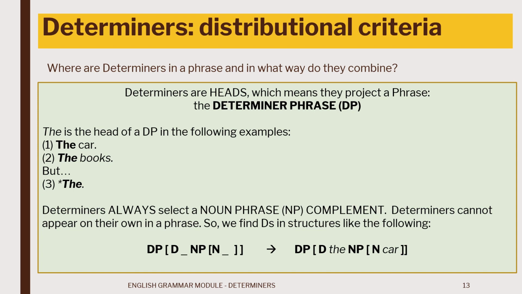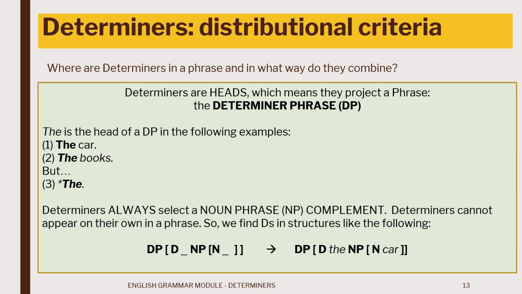They need a noun phrase complement. And so, if we pay attention to distributional criteria, the structure of a determiner phrase can be represented as in the descriptions, as in the diagrams you see at the bottom. All right, a determiner phrase whose head is a determiner, which in turn selects a noun phrase complement.